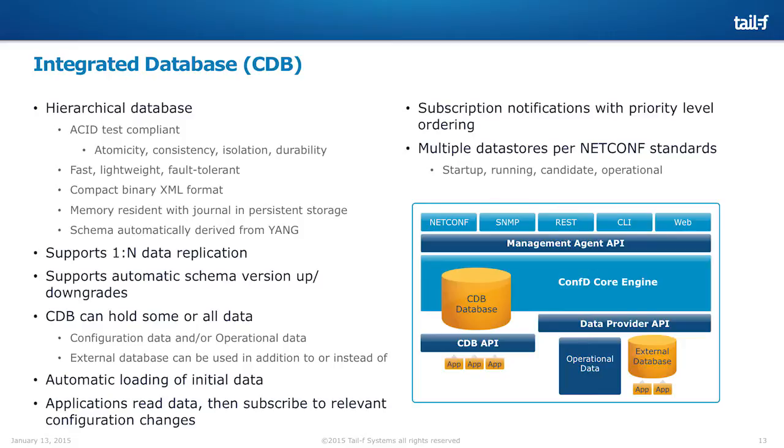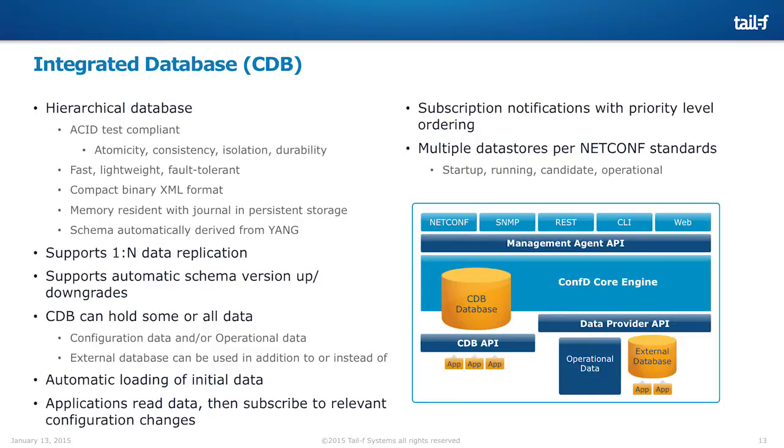Now, an important feature to note about CDB that differs from other databases is that you can have multiple data stores within CDB. These are driven by definitions from the IETF NetConf standards, but CDB has the idea of up to four data stores internally. Startup, running, and candidate are transactional data stores which hold configuration data. The definitions of startup, running, and candidate are driven directly from the NetConf RFCs.